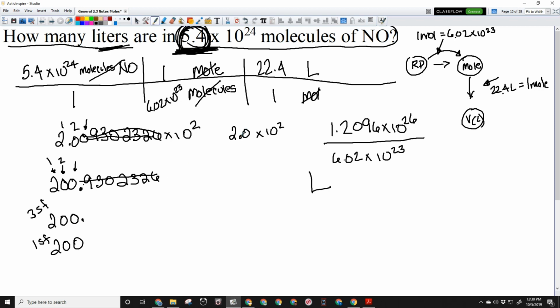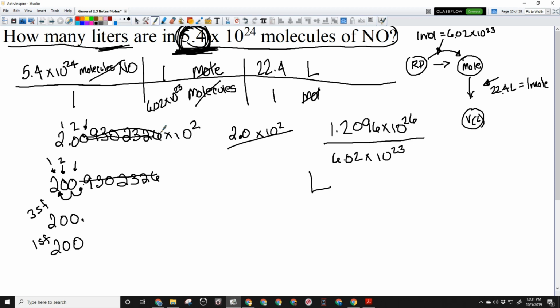Well, since my calculator is already in scientific notation, I have the answer. But if your calculator is in standard notation, you're going to have to convert this over yourself to scientific notation. So in order to get it in scientific notation, we move the decimal place until it's after the first number. So it's 2.0093 and so on, times 10 to the, how many times did we move it?